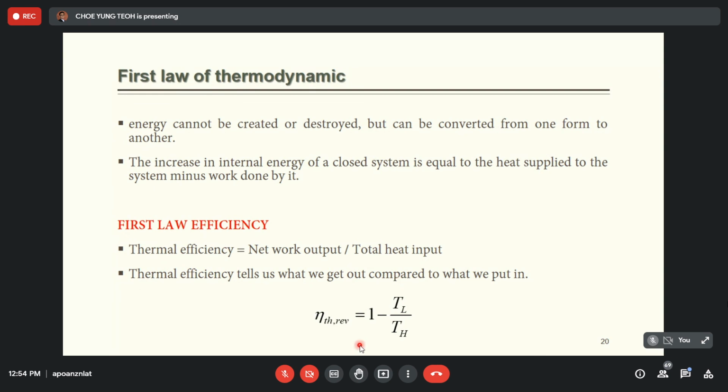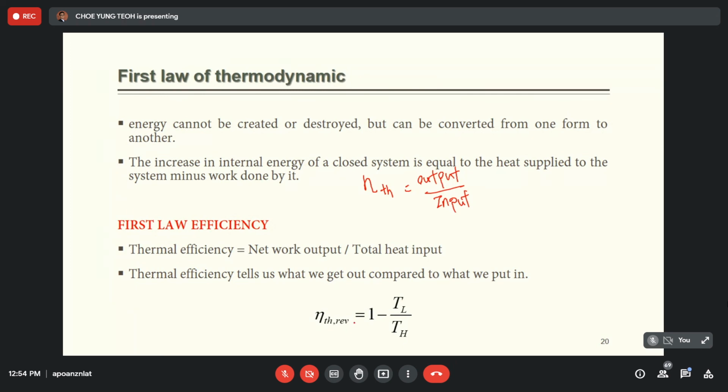So thermal efficiency is output over input. This is a very general efficiency that we use widely.